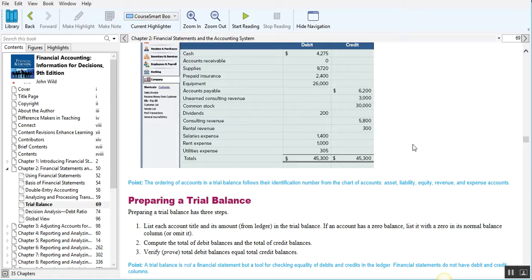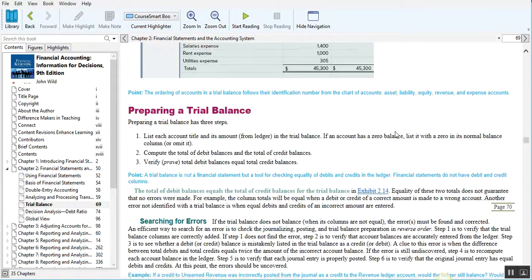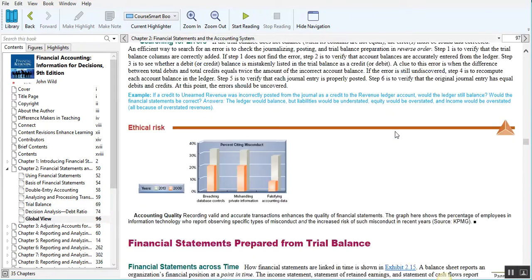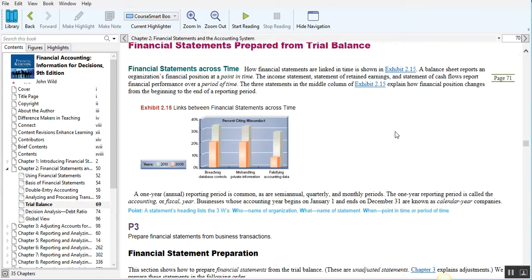If that difference can be divided by 9, it's very possible you've transposed a number somewhere. If that number is divisible by 2, it's also very likely that you've put it in the wrong column. So depending on how that number comes out may indicate which kind of error exists in the trial balance.